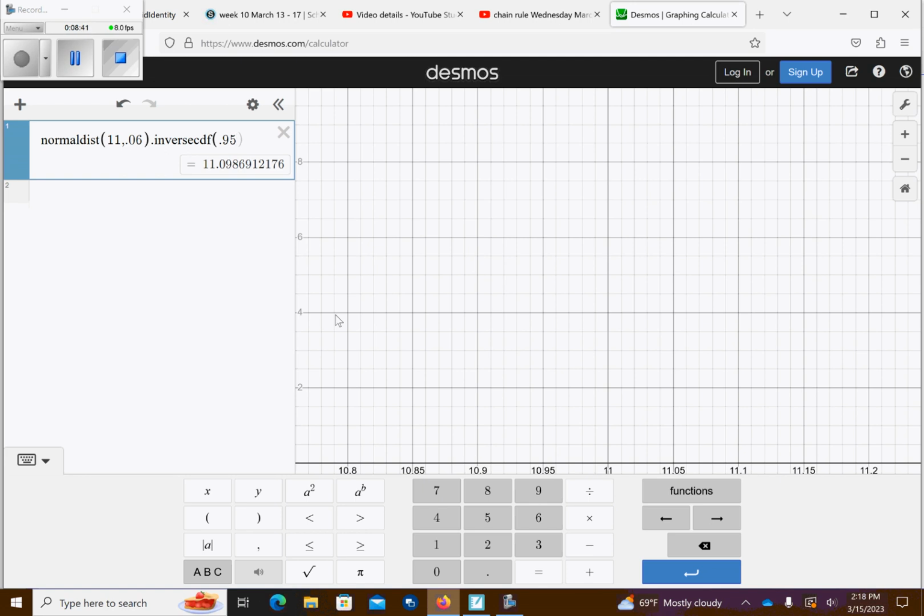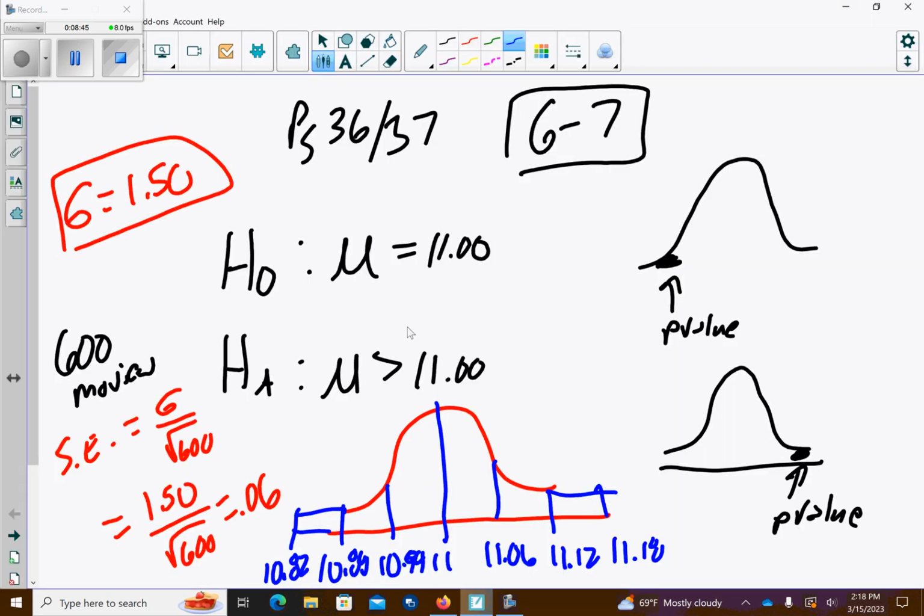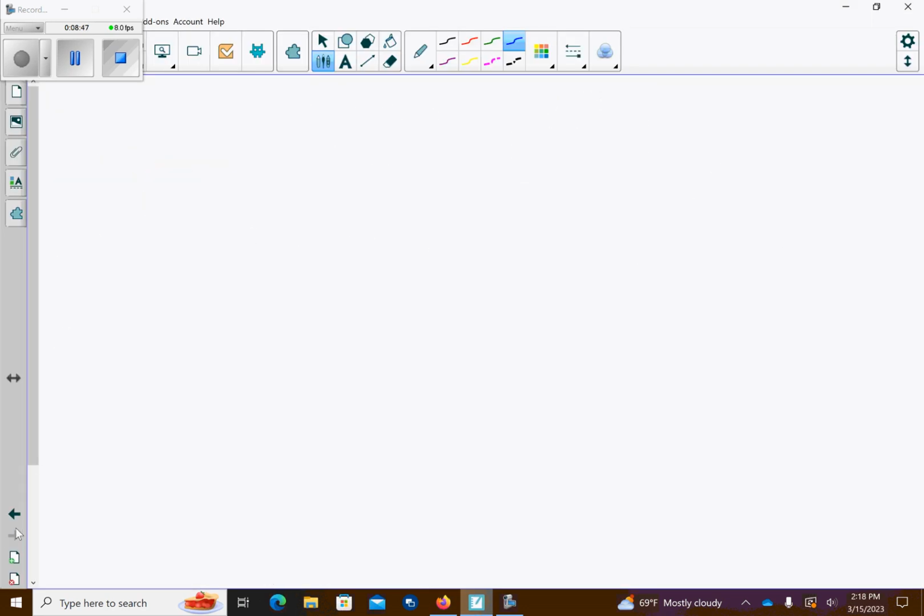Okay, so on page 37, it says caution number 1: make sure the statistic is in the same direction as the alternate hypothesis describes. For example, our alternative in the movie ticket problem was greater than $11.